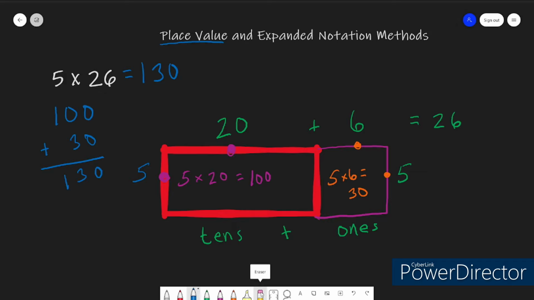Now remember, when we get into the expanded notation method, it is going to look almost the same, but there's a very unique difference that I will show you now.